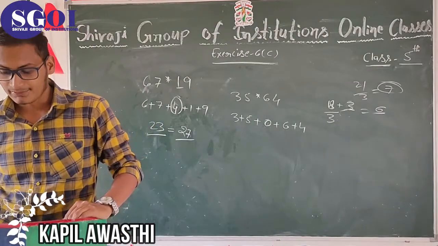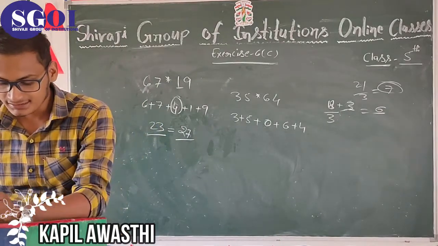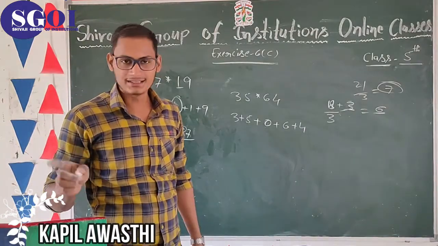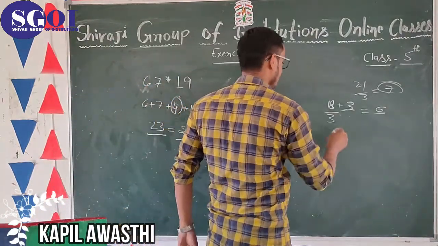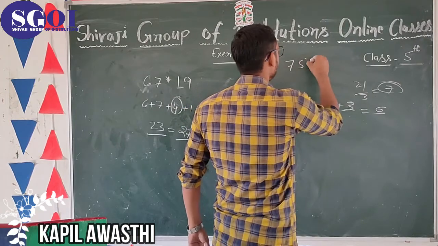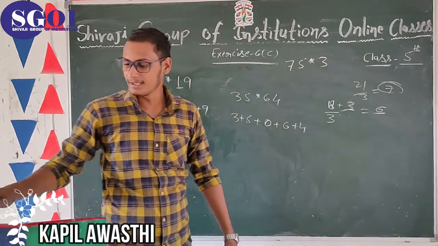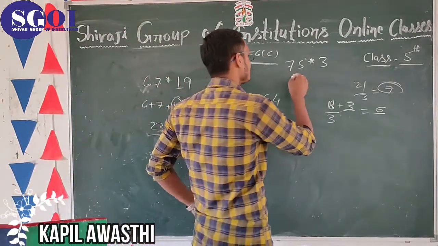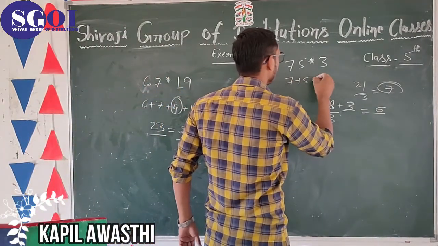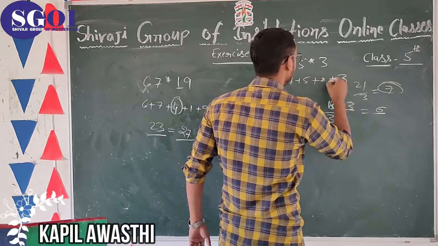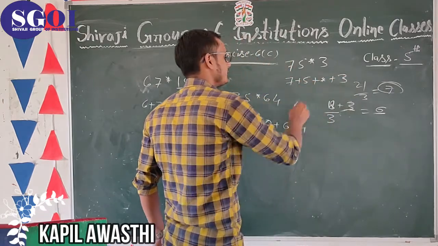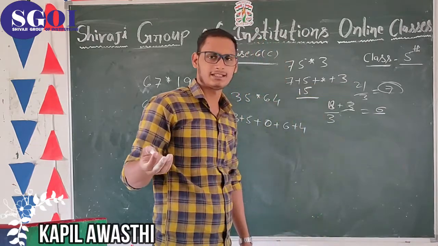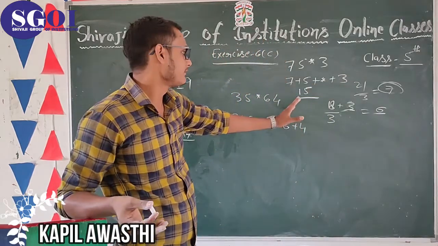We have to find the smallest number, same as the earlier part. The question number was 7 5 star 3, divisibility by 3. To make it divisible by 3, which number do we need? 7 plus 5 plus star plus 3. 7 plus 5 is 12, plus 3 is 15. So 15 is also divisible by 3.